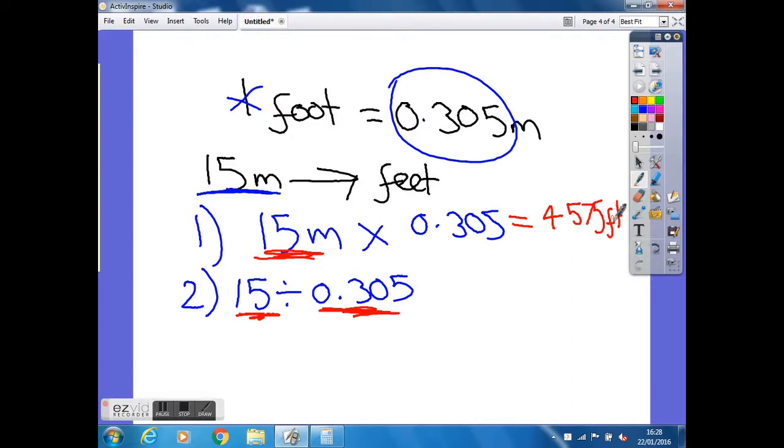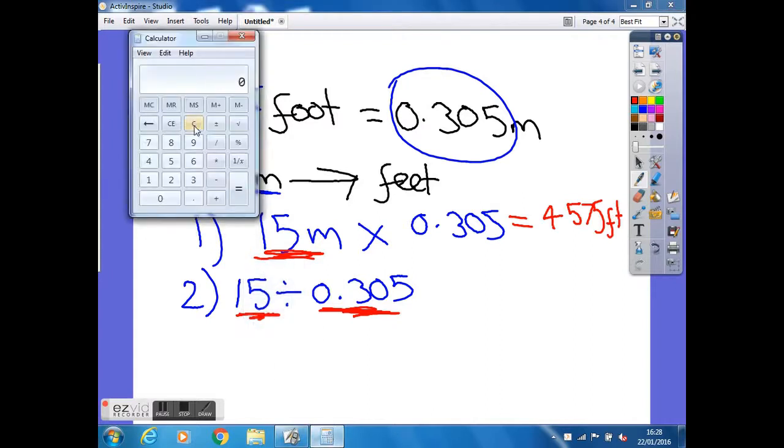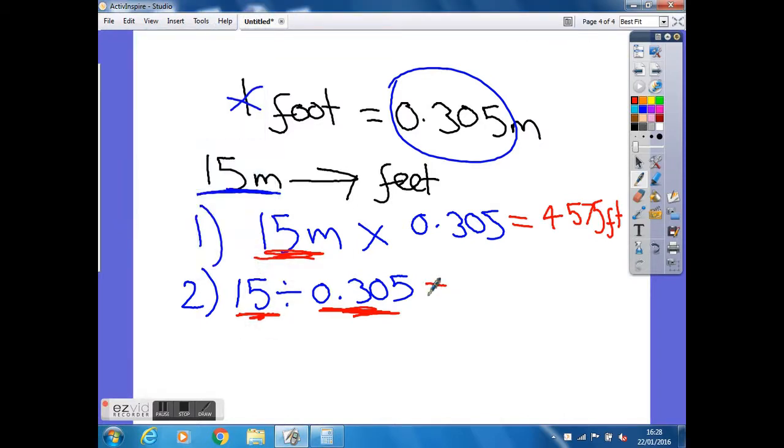And for the bottom one, we're going to do 15 divided by 0.305. That gives you, again, a really long number, but we can round it to 49.18, so 49.18 feet.